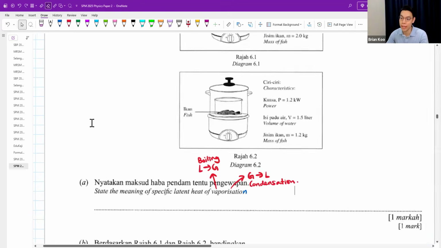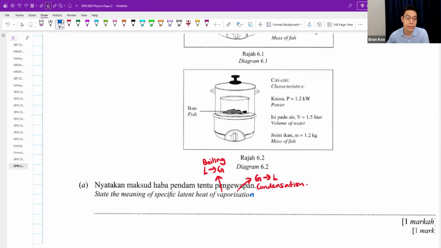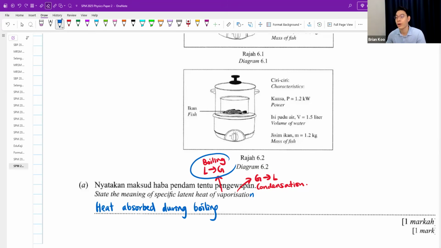Okay, you can say something like this. It is the heat absorbed during boiling. Okay, or you can say when you convert liquid to gas, or heat released.